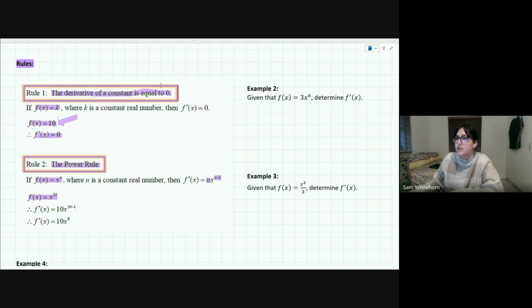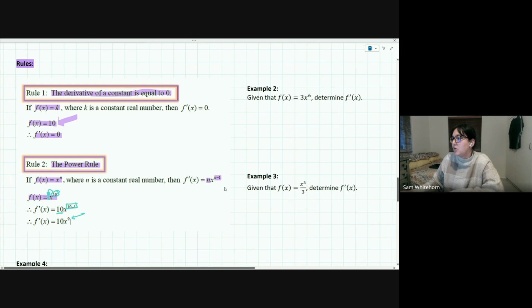In order to find the derivative, I take this exponent of 10 and multiply it with my coefficient. Remember, my coefficient in front of that x is 1. So 10 times 1 is 10. And then I subtract 1 from the exponent, and I get 9.